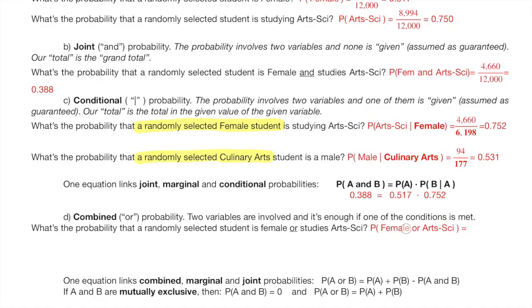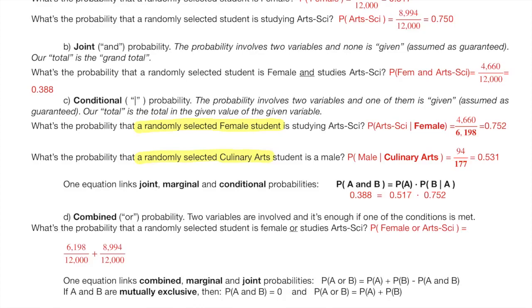Here it's enough with being female or with studying art sciences. If both things are true, that's also okay. We denote the question this way, and the answer is the probability of being female plus the probability of studying art sciences. The common mistake is finishing here.